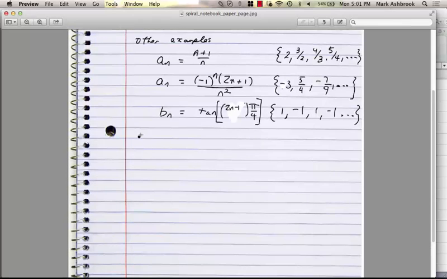Okay, so sequences and functions. How are sequences the same as and different from functions?